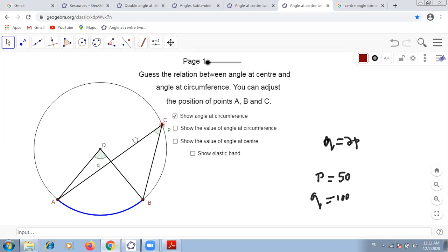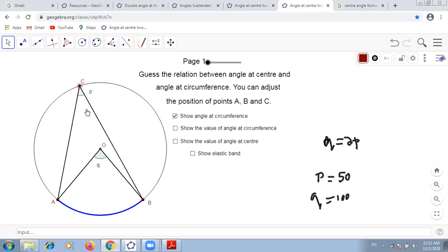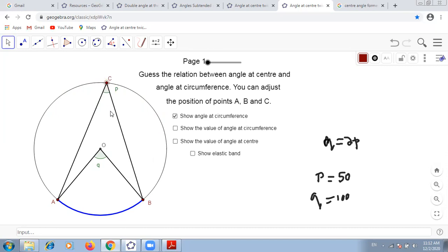So the relationship is that the center angle formed by the minor arc is double that of the circumference angle formed on the major arc. One important point is that the starting and ending points should be the same.